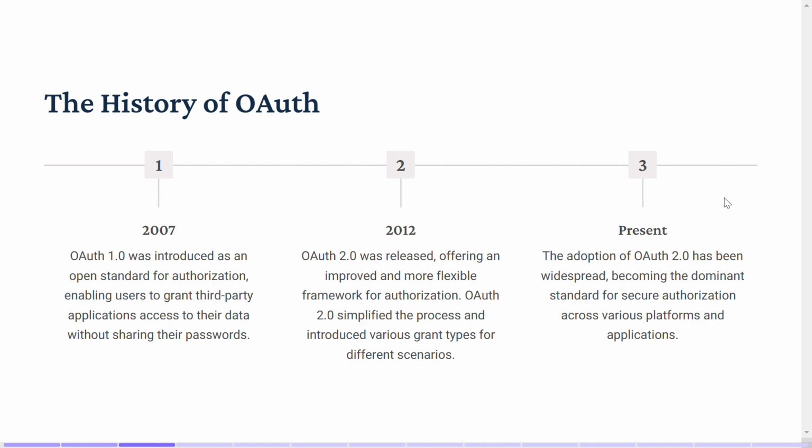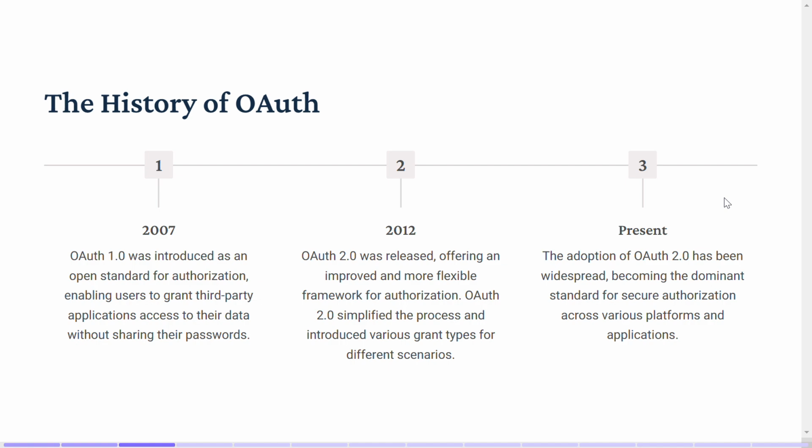OAuth 2.0 is also known as an authorization framework because it is mainly focused on authorization rather than authentication. But while processing, it can also perform authentication.